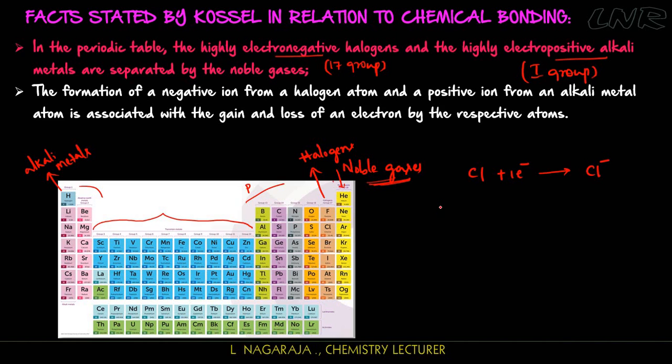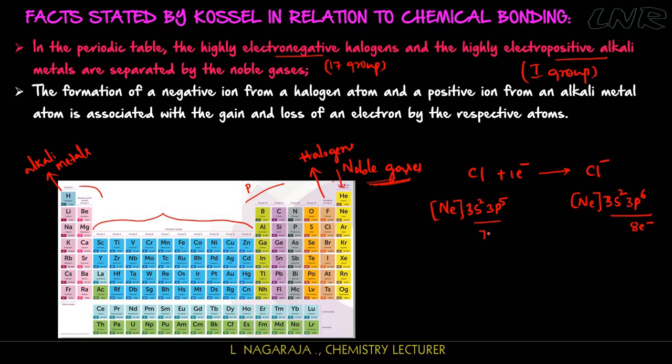The electronic configuration for Cl is neon 3s2 3p5. So chlorine contains 5 plus 2, that is 7 electrons in the outermost orbital. In order to get the nearest noble gas configuration, it requires 1 electron. By gaining 1 electron, it is converted into neon 3s2 3p6, so the outermost orbital gets 8 electrons.